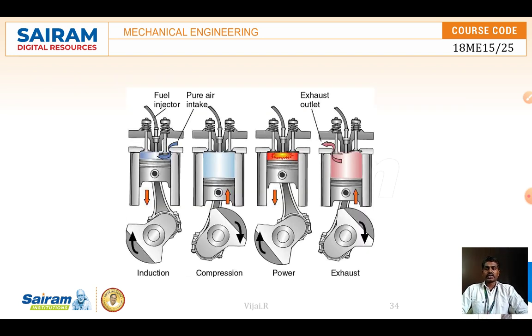Now we can see the four different strokes in the four-stroke engine. The first one is the suction stroke. The difference between the four-stroke petrol engine and the four-stroke diesel engine that we have to show is the fuel injector instead of the spark plug. At the center we can see this fuel injector.